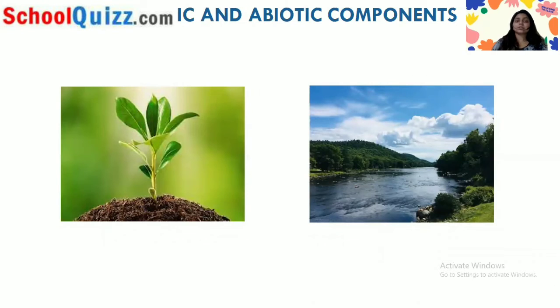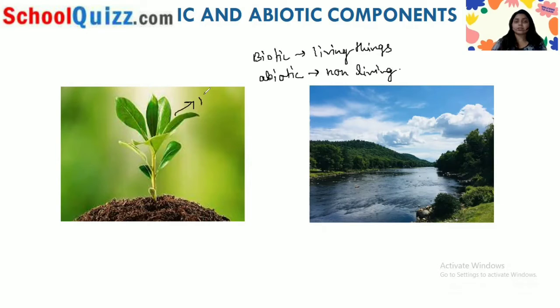Okay, now we will see what are biotic and abiotic components. Biotic means all those living things, and abiotic components means all those non-living things. You can see there is a picture, like this is a plant, okay. So this is a living thing. And the soil here, here is the sky, the water, these are all non-living things, okay.